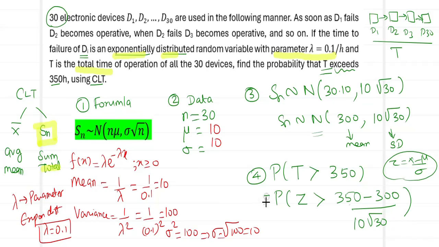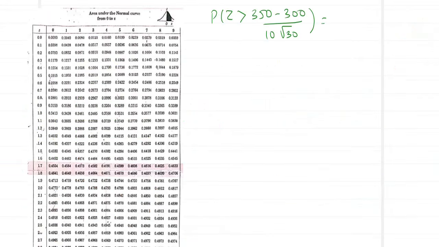Now use your calculator to estimate what this is equal to. Using our calculator, we arrive at Z greater than 350 minus 300 divided by 10 root 30 to be equal to 0.9128. Since our normal distribution table has only two places of decimal, I round it off to 0.91. So this is the value which I am going to find.